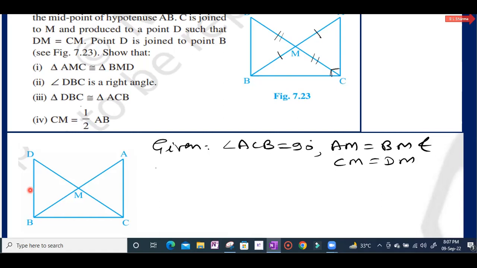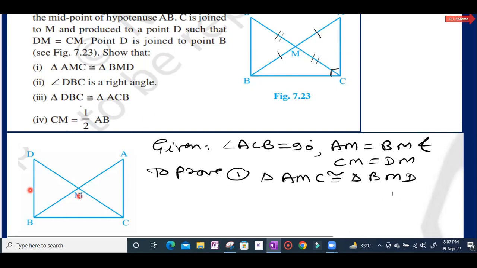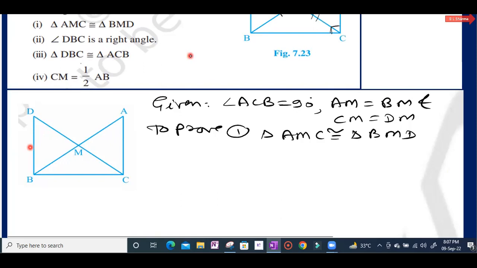First part to prove, let's see how we prove it; we will prove it part by part. To prove triangle AMC is congruent to triangle BMD. We have taken this triangle here, we have to prove that triangle AMC is congruent to triangle BMD. AM is equal to BM, given, DM is equal to CM, given, and this is a vertically opposite angle.